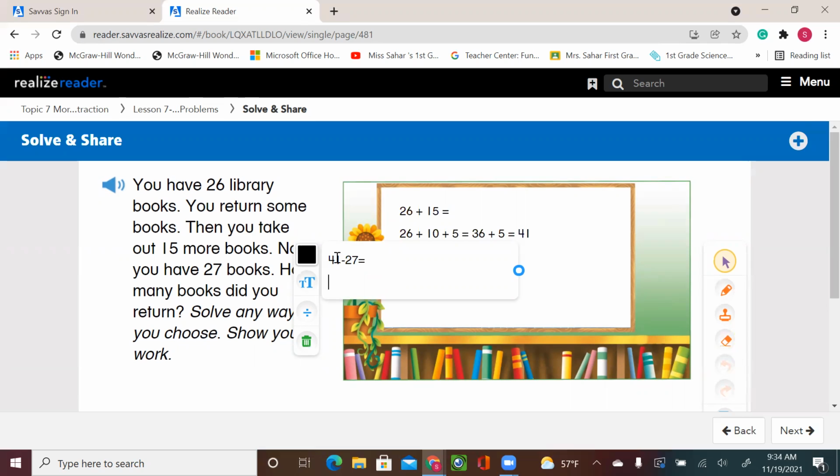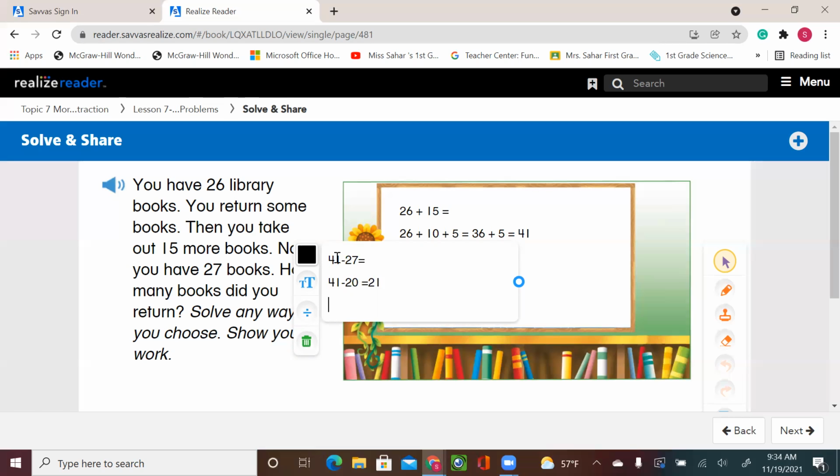So I can break that 27 to tens and ones. So I'm going to say 41 minus 20 equals 21.